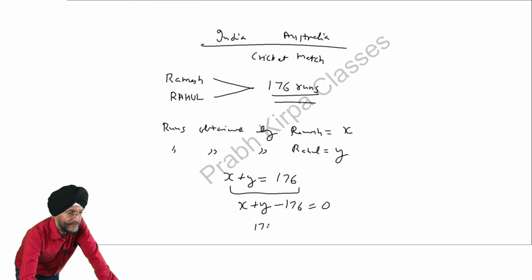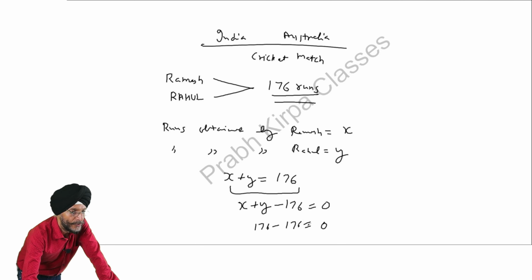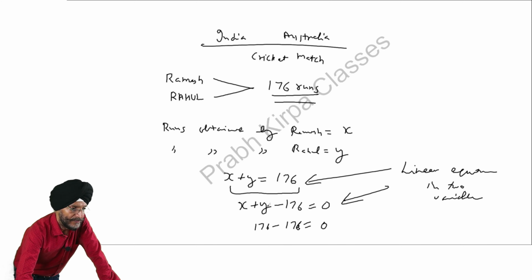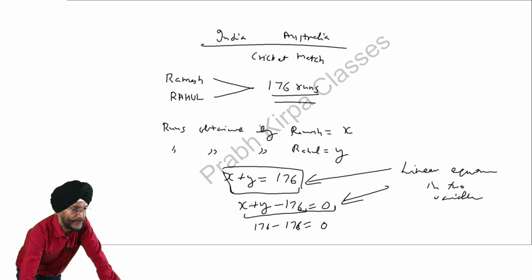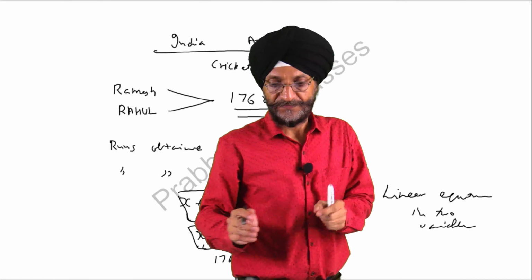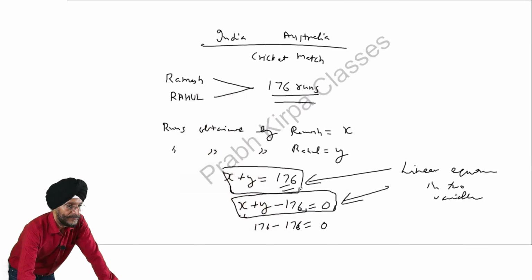Here, this is the linear equation in two variables. Here x and y are variables and this is a constant.